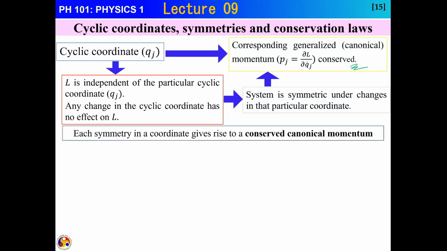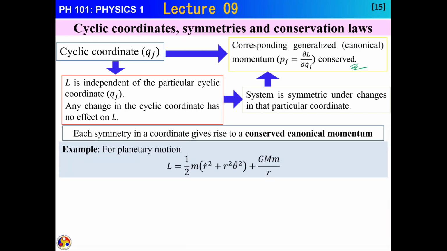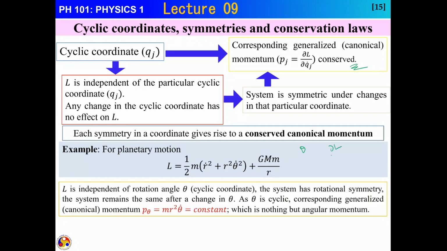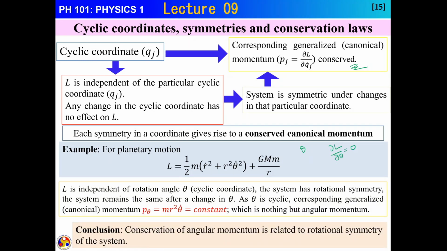So that means each symmetry in a coordinate gives rise to a corresponding conserved canonical momentum. For example, if you see back the planetary motion where we described the Lagrangian, because theta is not existing here, the partial derivative of the Lagrangian with respect to theta turns out to be 0.